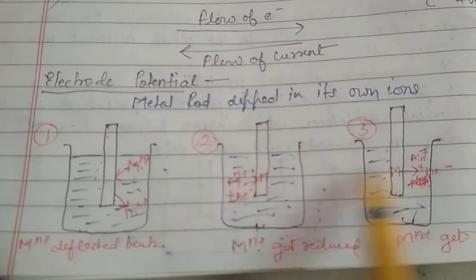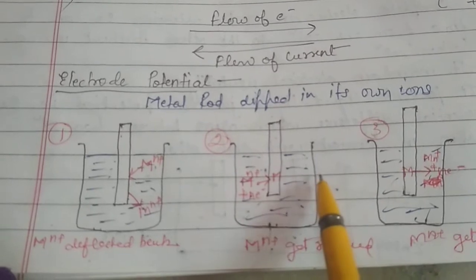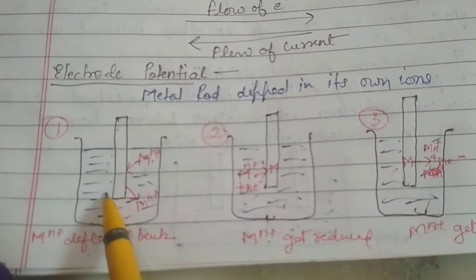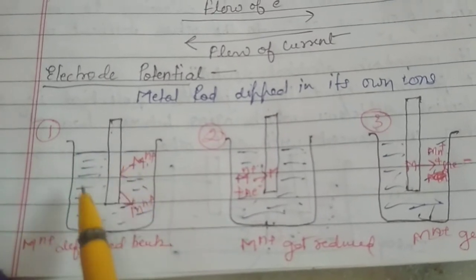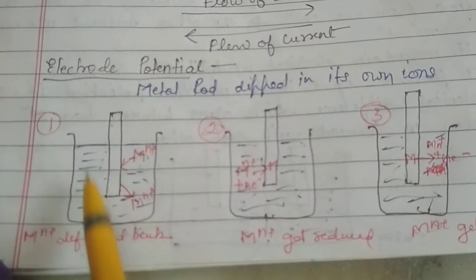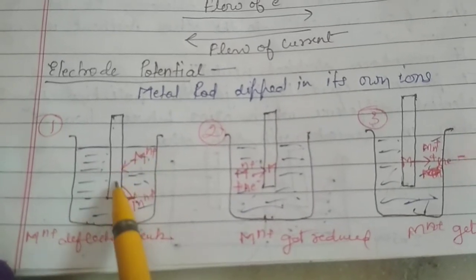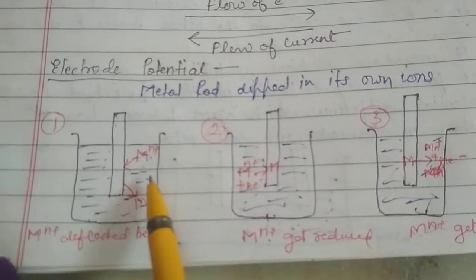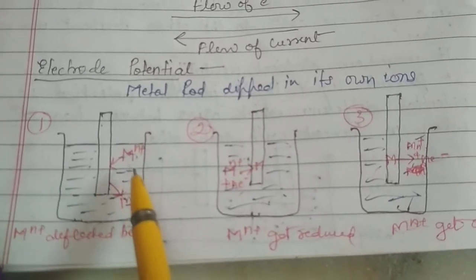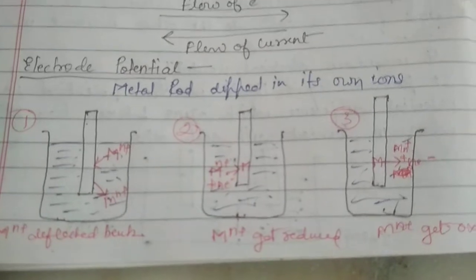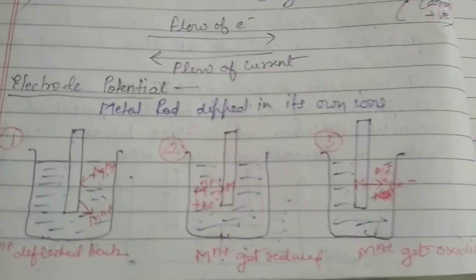There would be three possible observations in these cases. The first is that if we dip a metal rod in its own ion, the metal ion from the solution moves towards the metal and gets deflected back without any change, which means no reaction takes place.